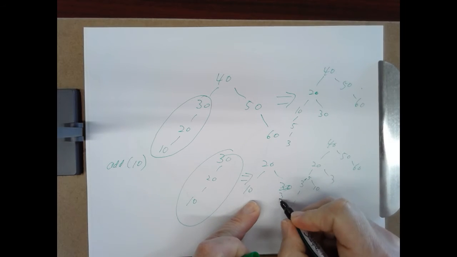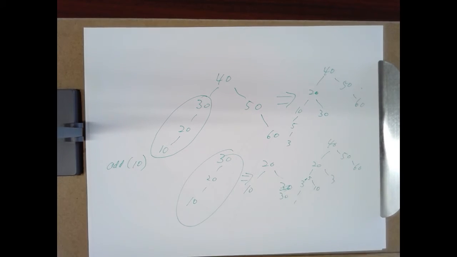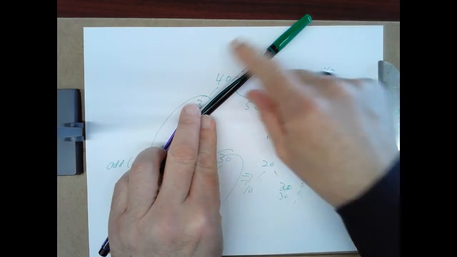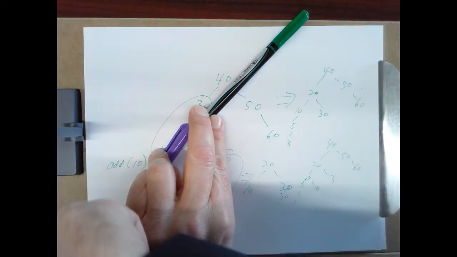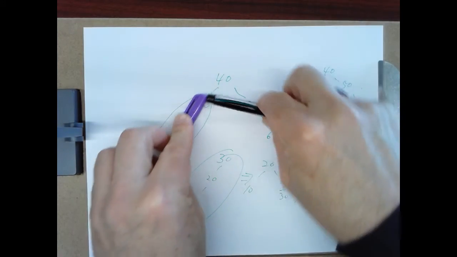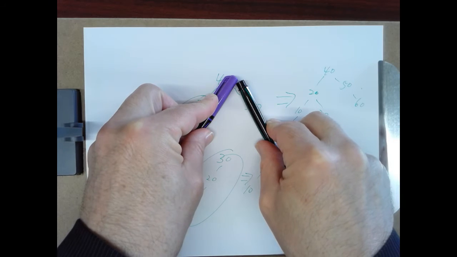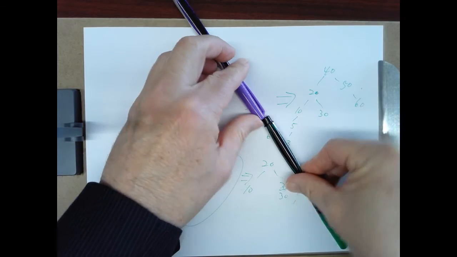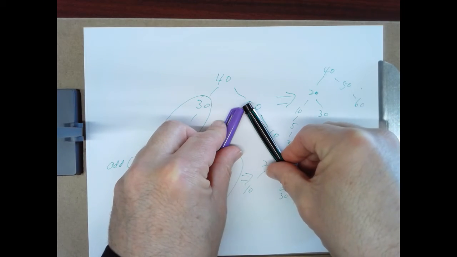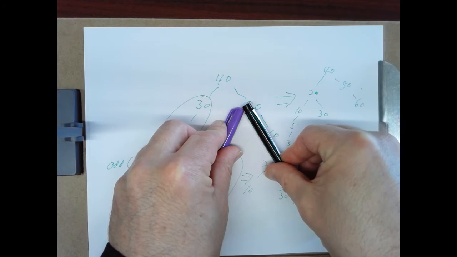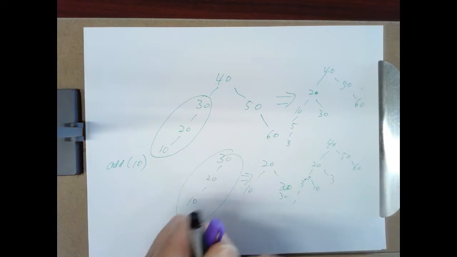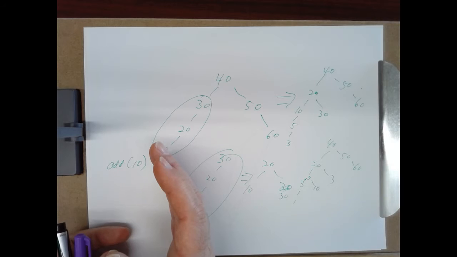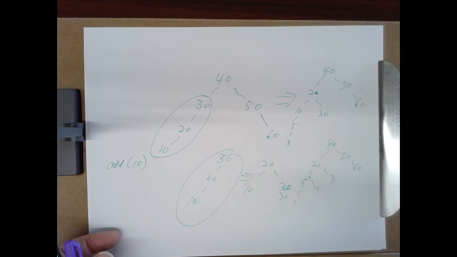So the rotate is basically we've got number, number, number, and we're going to change it to look like this. Or if it was number, number, number, we would change it to look like this. But sometimes there's a secondary operation you have to do. If your tree is left heavy, but within that left tree it's right heavy, then you have to do a pair of rotates.